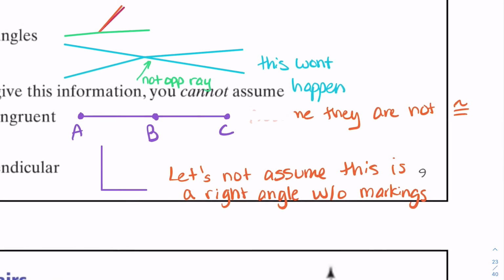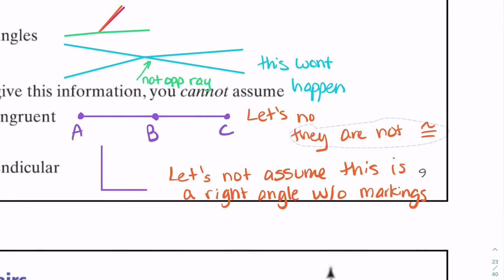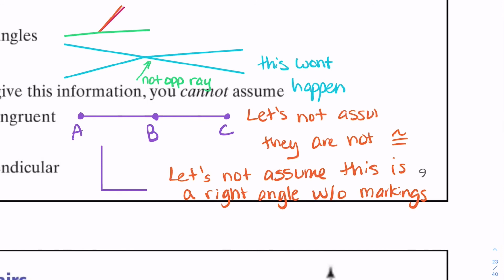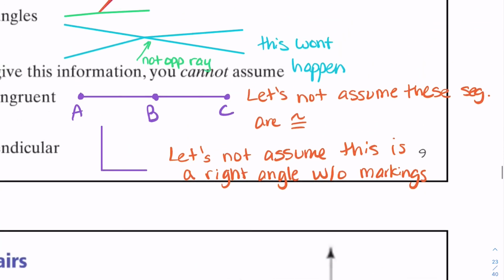For this one, let me change it to: let's not assume these segments are congruent without markings.